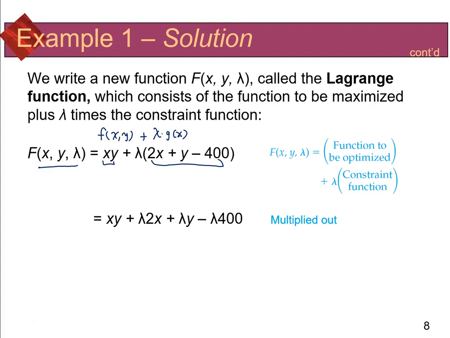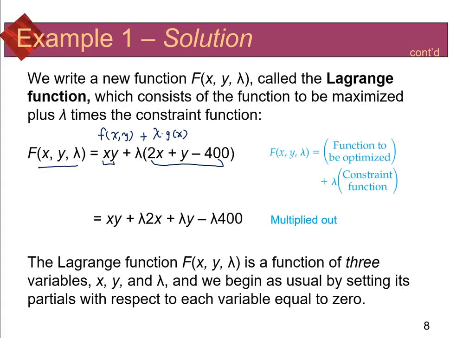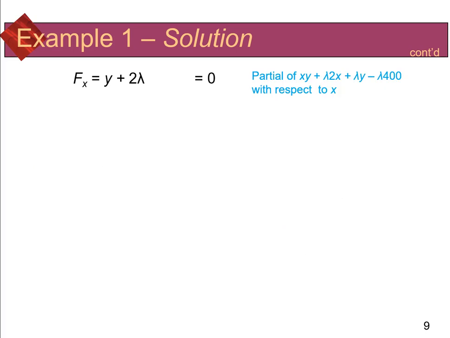I distribute to multiply it all out. And now what I'm going to do is find partials for each of the 3 variables, x, y, and lambda. So if I take that function and find the partial derivative with respect to x, I get y plus 2 lambda. If I take the partial derivative with respect to y, I get x plus lambda.